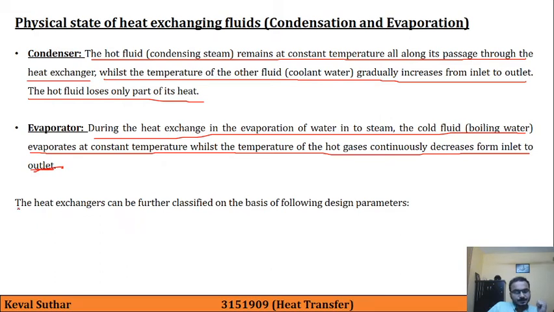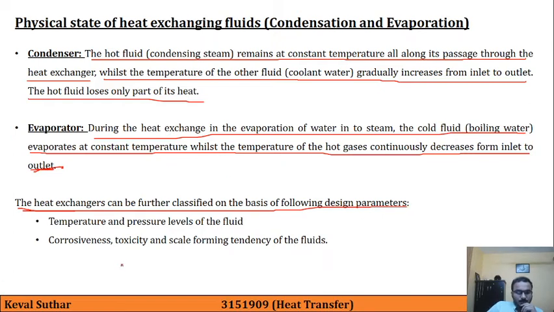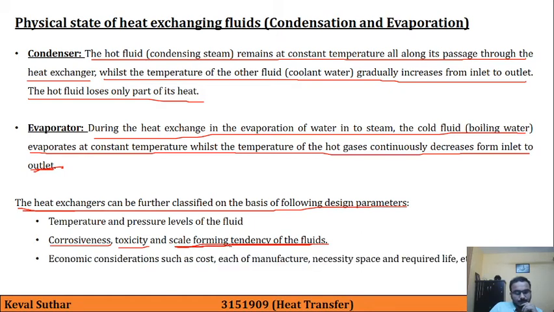So the heat exchanger can be further classified on the basis of the following design parameters. First is temperature and pressure levels of fluid. Second is corrosiveness, toxicity and scale forming tendency of fluids.